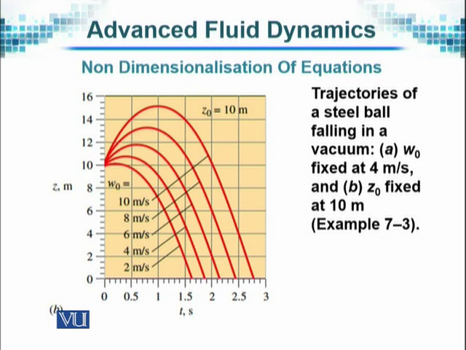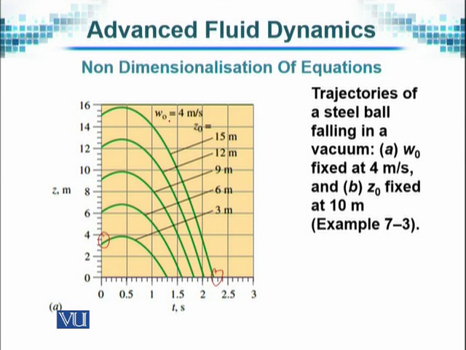So this time the steel ball is thrown from a 10 meter height, but with velocities of 2, 4, 6, 8 and 10 meters per second, whereas earlier the velocity was 4 meters per second and the heights were 3, 6, 9, 12 and 15 meters.